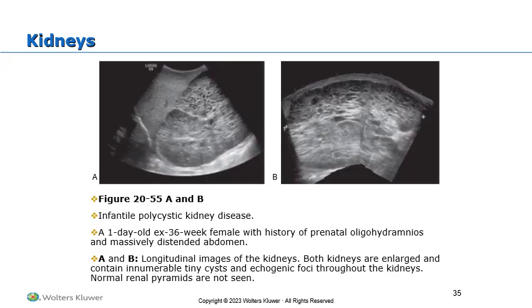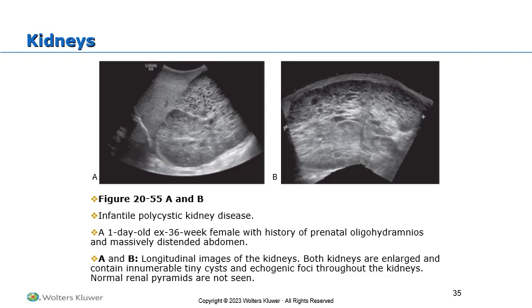Here's an example of an infantile polycystic disease where you see this very, very enlarged bulbous type kidney. In this particular case, you are starting to see, I don't know if these are cysts or if they're areas of necrosis. You can identify some cystic looking structures, but the rest of this kidney is filled probably with microcysts, which you're just seeing as an echogenicity.